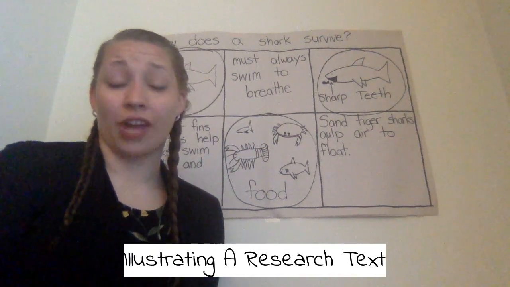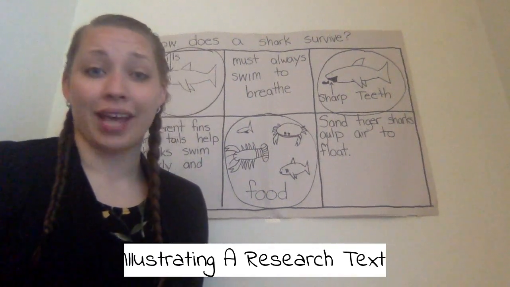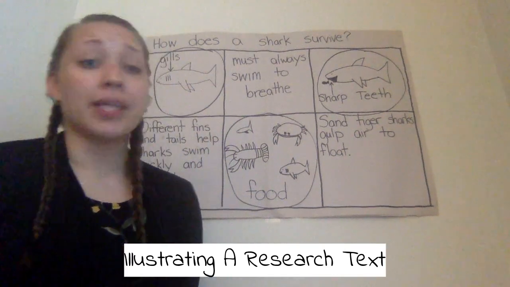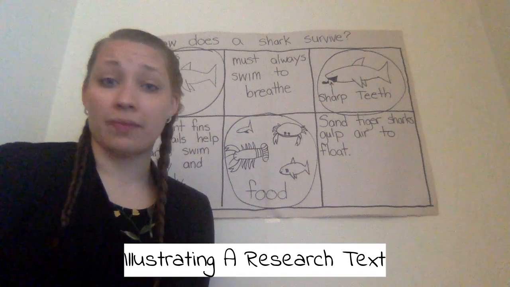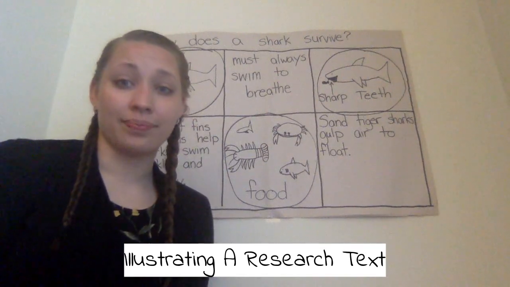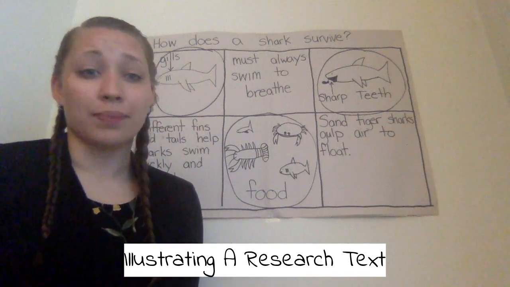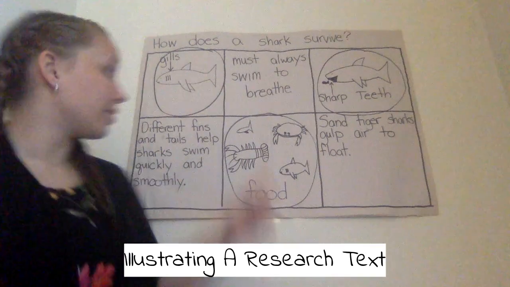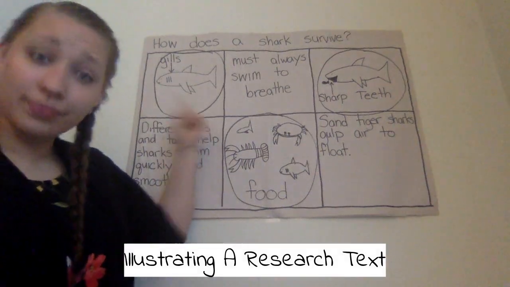Now, I am going to draw the illustration for my research text. To do this, I'm going to look back at my notes because I want to make sure that I include some of the information I learned to answer my research question in my illustration. I decided that I'm going to make sure the sharks in my illustration have gills because I learned that sharks need gills to breathe.